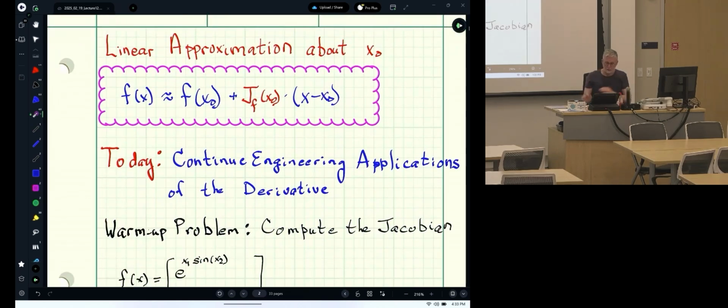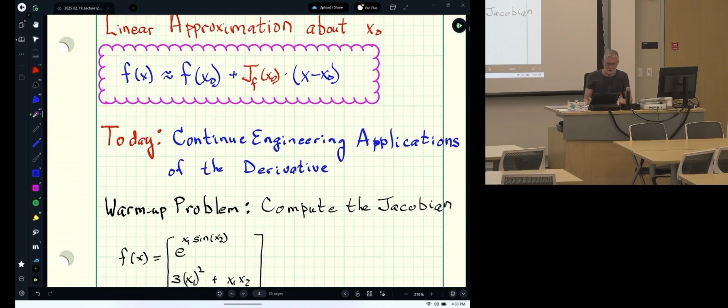The utility that we're going to be exploiting today is the linear approximation of a vector-valued nonlinear function about a given point x0. Just like in the scalar case where it was y of x equals b plus little a times (x minus x0), here it's the same thing.